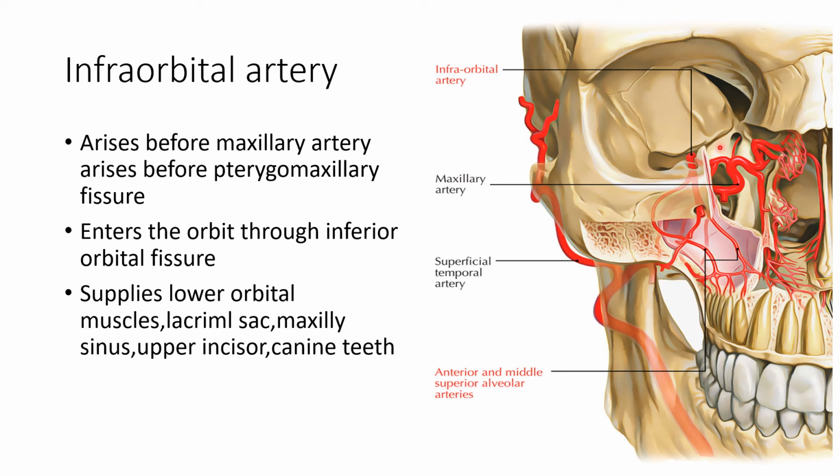In the inferior orbital fissure, the maxillary artery's branch, the infraorbital branch, comes and supplies the area of the orbit, like the orbital muscles, and the lacrimal sac. Here is the lacrimal sac, and here are the maxillary sinuses, and the canine teeth. All this area is supplied by the infraorbital artery.